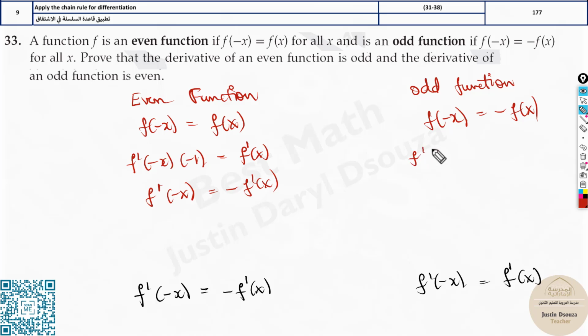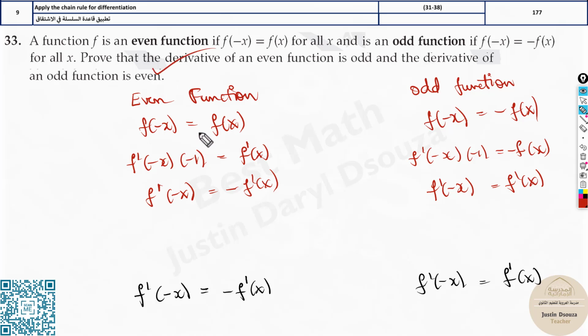When we derive over here, f prime of minus x multiplied by minus 1 will be equal to minus f prime of x. Multiply throughout by minus 1, it's going to be f prime of minus x equal to f prime of x. Now this is even, right? So this is hence proved. Yes, that is true, and we can tell this is a true statement.